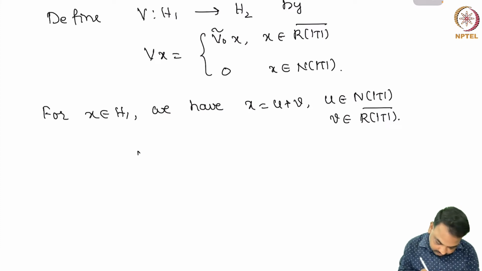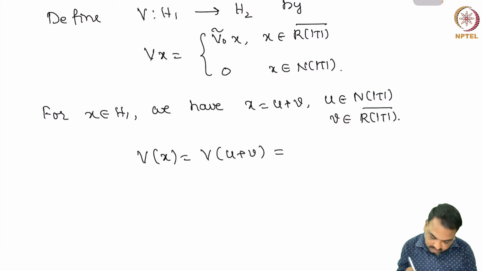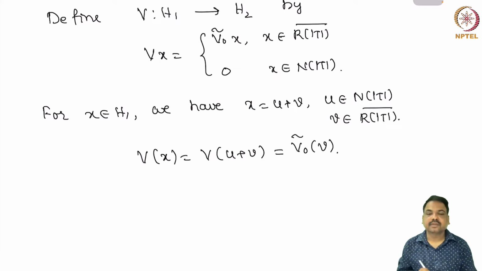Then define V of x, so V of u plus v, we are writing as V naught tilde of v.